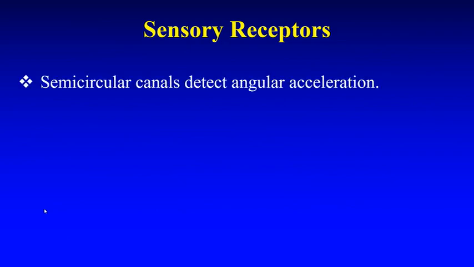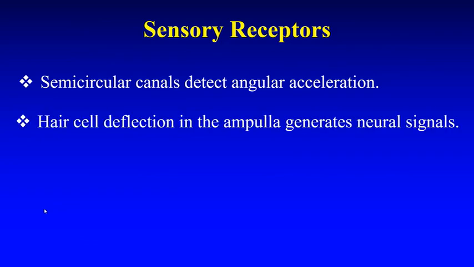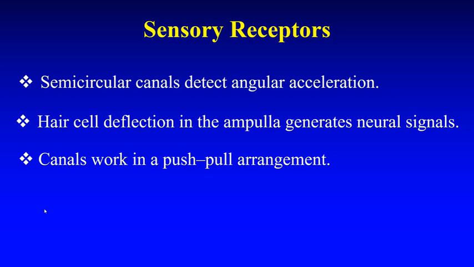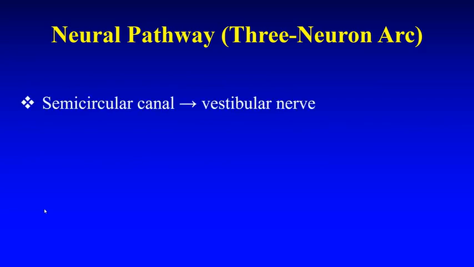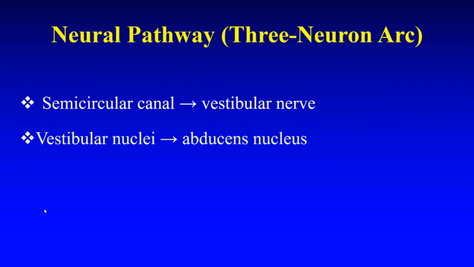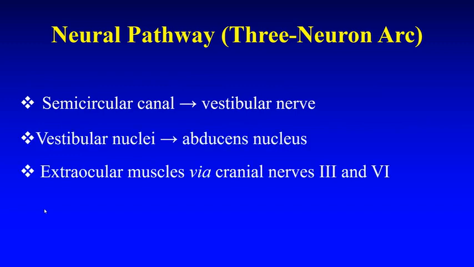Sensory receptors: semicircular canals, as we said, angular accelerometers. Hair cells deflect and the ampulla generates neural signals, and canals work in a push-pull arrangement as we saw two slides earlier. The neural pathway is a 3 neuron arc: semicircular canal to the vestibular nerve, vestibular nuclei, and then abducens nuclei. Extraocular muscles via cranial nerves third and sixth.